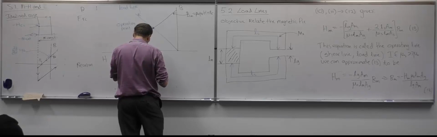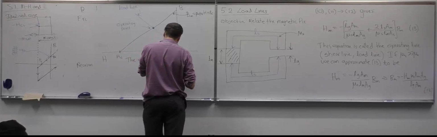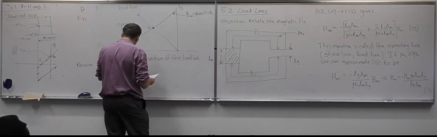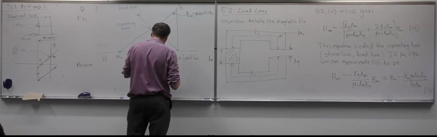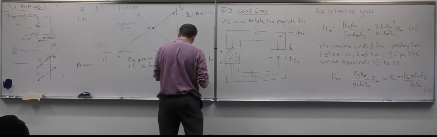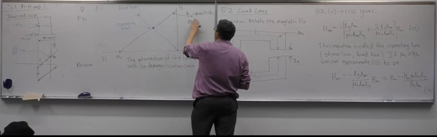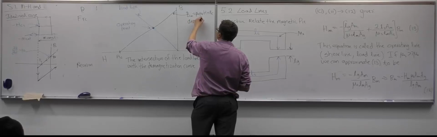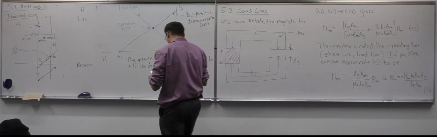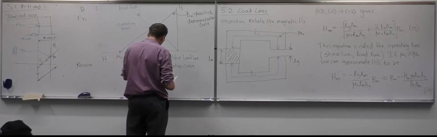The intersection of the load line with the demagnetization curve, this is the demagnetization curve or line, yields the operating point.